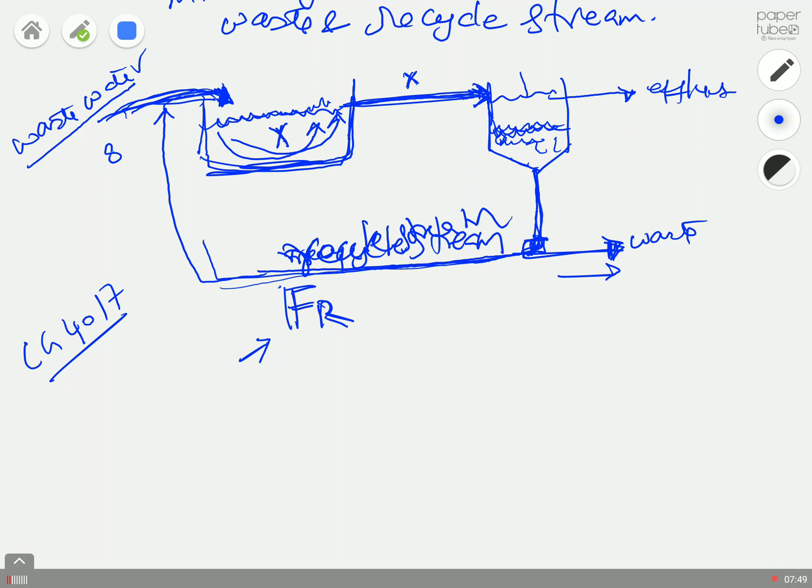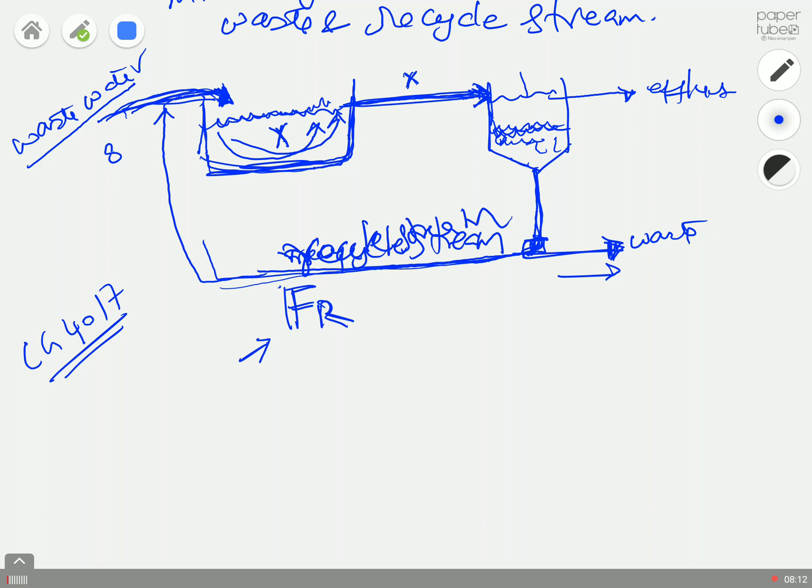But for this module, all you need to know is how the activated sludge unit works and what the principle is. The activated sludge unit contains one main tank where your microbial reaction is happening, where your substrates are getting consumed, and where your microorganisms are generated because they are replicating.